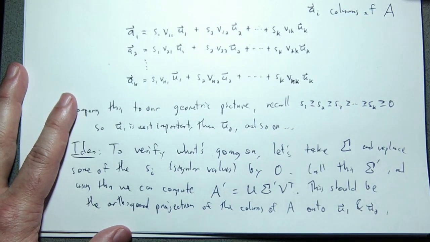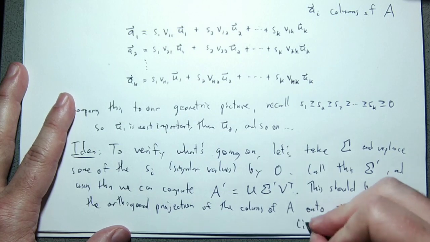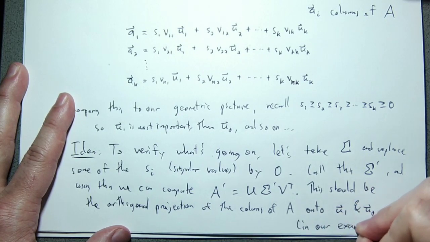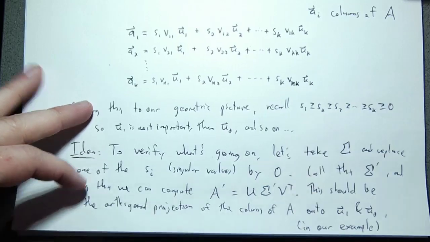In general, it would be the orthogonal projection onto the subspace spanned by the remaining columns. So this is just in our example, to keep it simple. In complete generality, this would be the orthogonal projection onto the entire subspace spanned by the remaining columns that didn't get zeroed out. But in our example, there's only two columns, U sub 1 and U sub 2, so zeroing out one is projection onto the other. Okay, so how does this work?